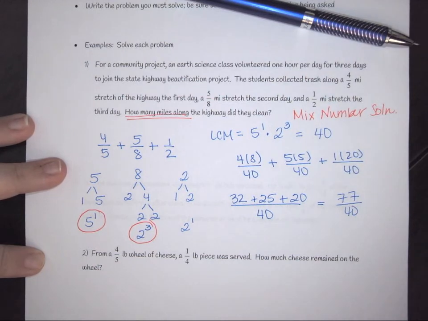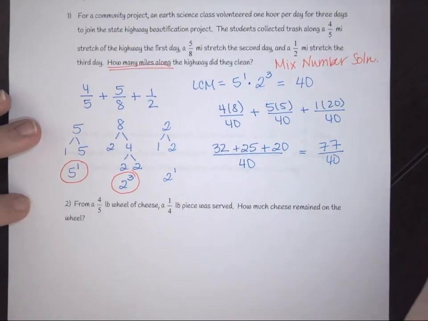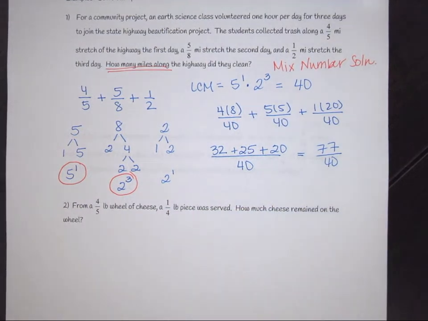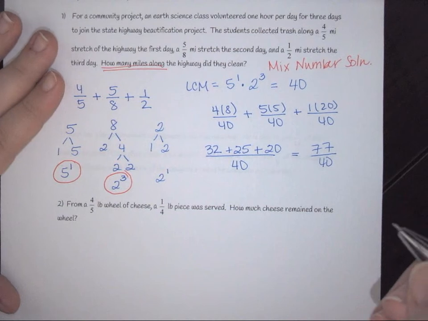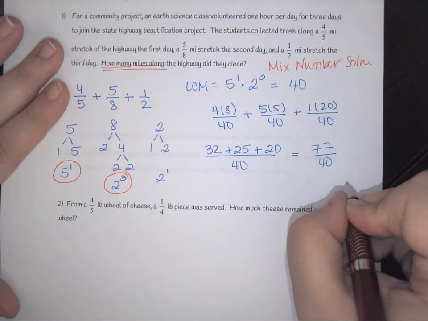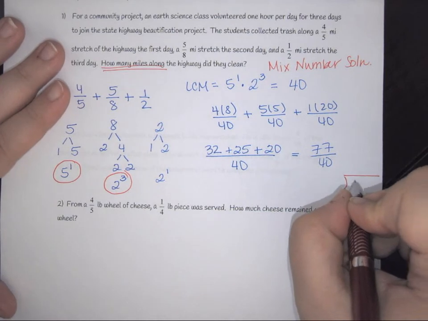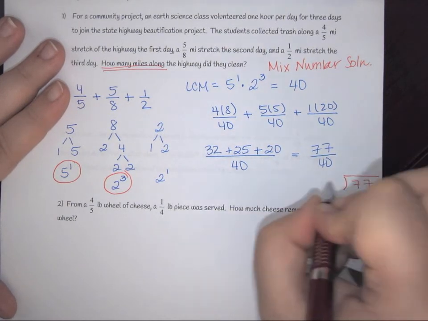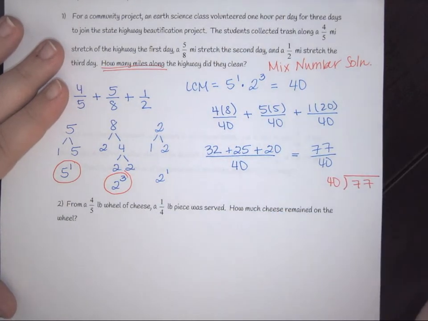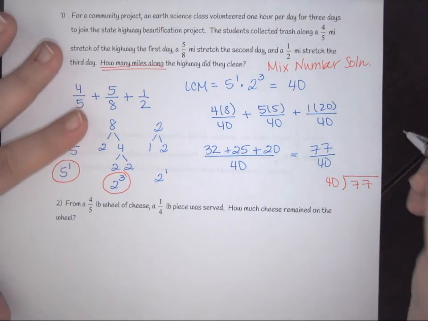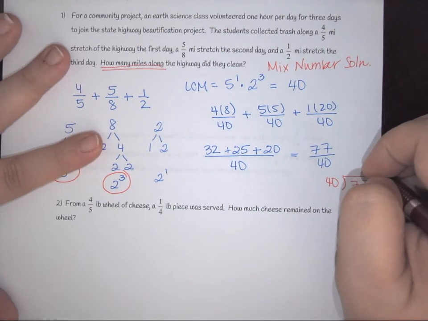A mixed number solution says I need to change my improper fraction into its mixed counterpart. So the easiest way to do that is going to be to take it, and we are going to put the numerator on the inside, the denominator on the outside. 40 can go into 77 once.